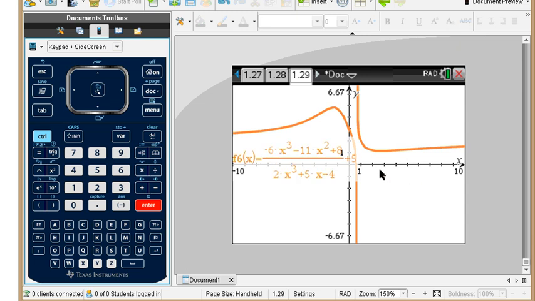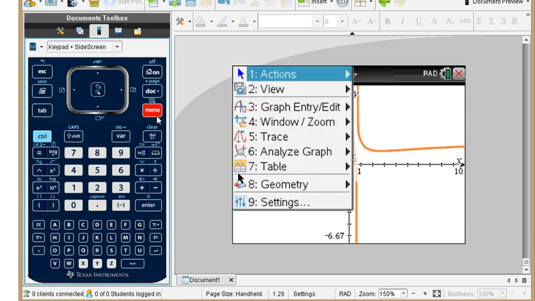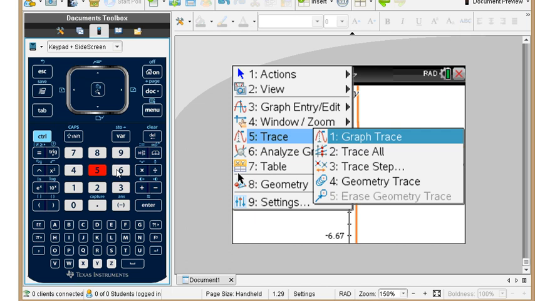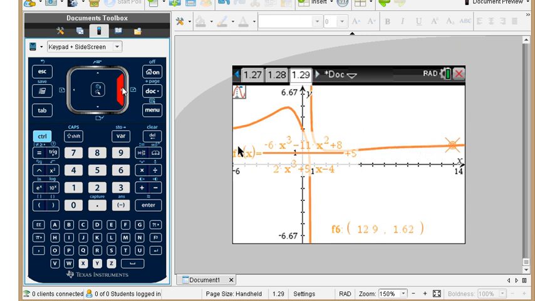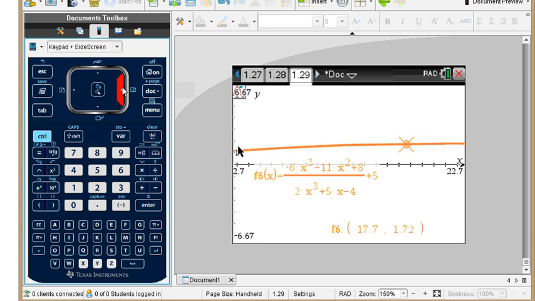And we could look at this a number of ways. One way to do it is just as we did earlier, we just use graph trace, and we can just go to the right and see what number we're approaching on the y value. See, for x equals 4.5, we have 1.21. As we go to the right, I'm just pressing the button, and we're going up now through x equals 20.